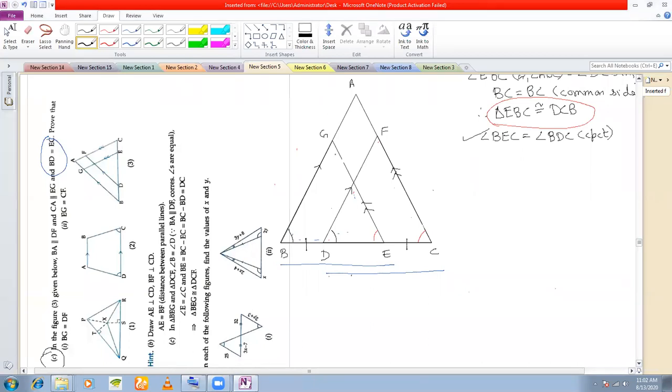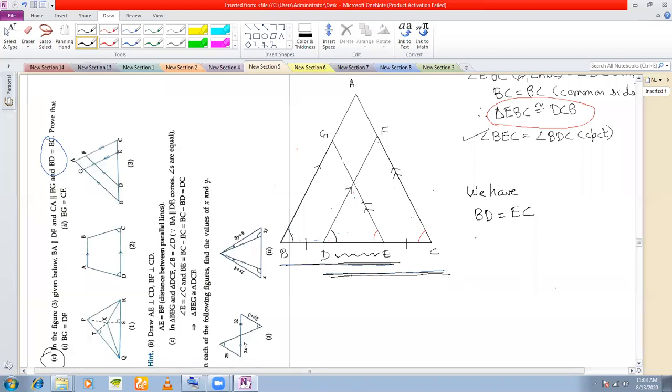Now in order to prove that these two sides of the two triangles are equal, we start with BD is equal to EC. What is the common part of these two sides? Of this side and this side, DE is the common part, right?